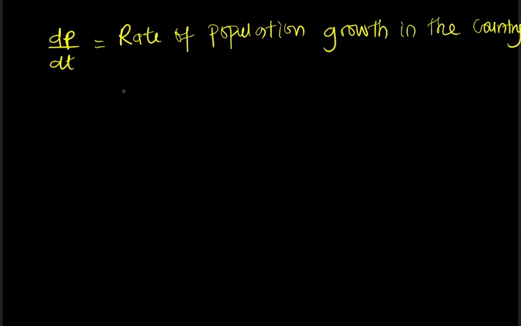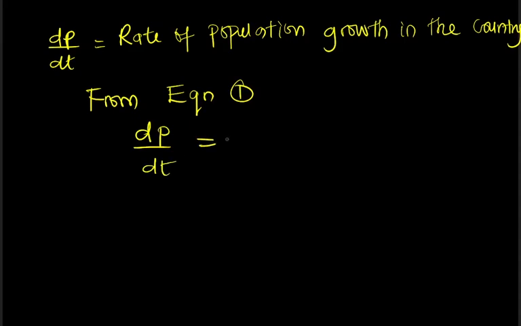So you can recall from our equation 1 that we had dP over dt equals kP. This is going to yield dP over P equals k dt.